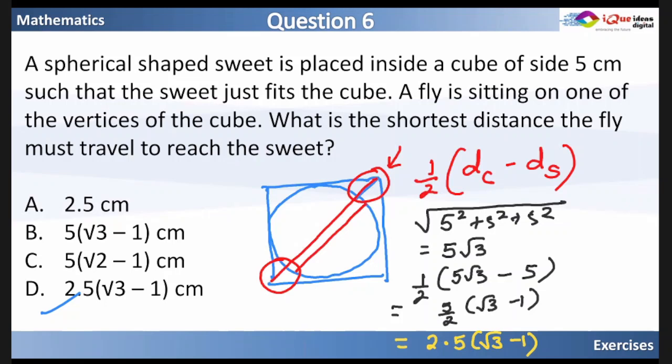So the important thing is knowing the formula for finding out the largest diagonal of a cube or a cuboid. Understood?